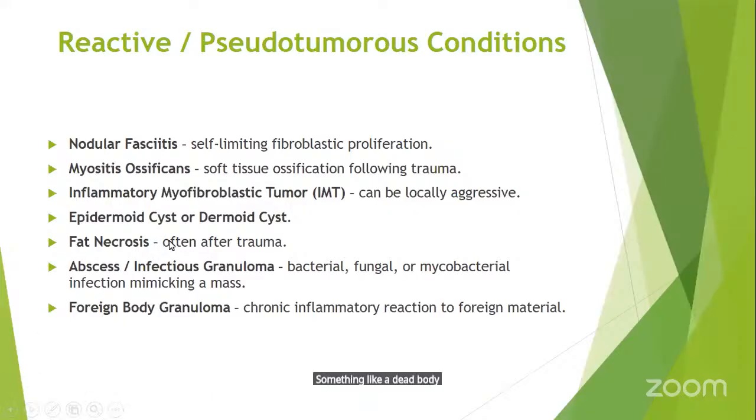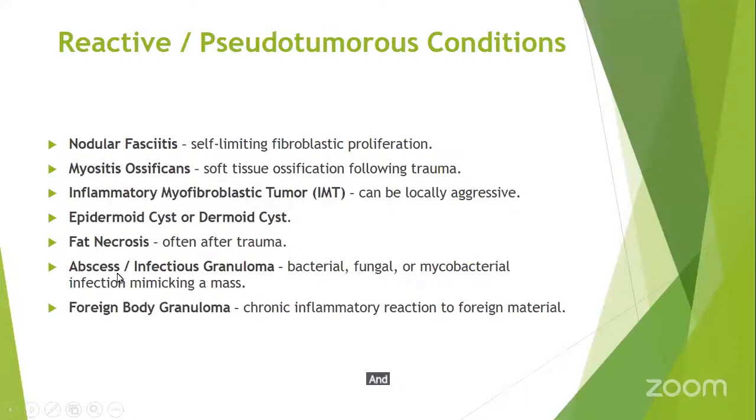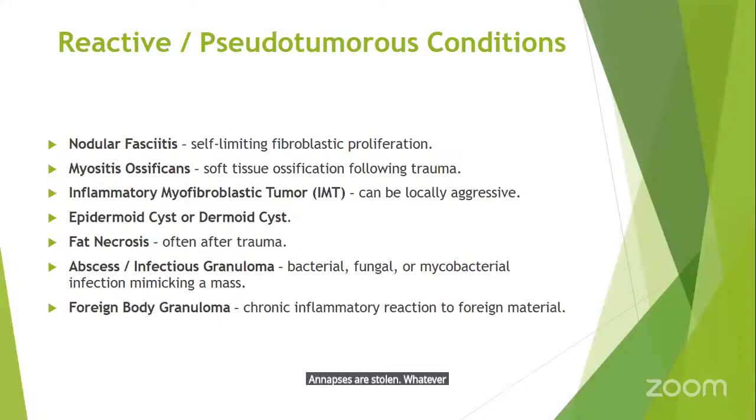Sometimes you can get an abscess or an infectious granuloma, highly associated with many things: bacteria, fungi, mycobacteria, infections, and occasionally you can have an abscess in cancer. So don't just take for granted that you're only going to do culture and sensitivity on an abscess. An abscess is a story. Whatever you get out of that lesion has a story to be told.